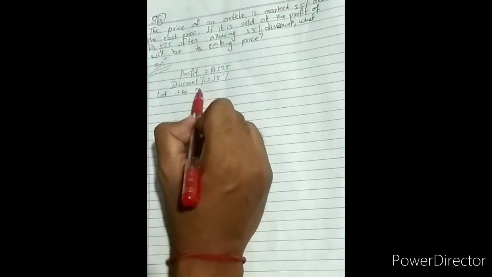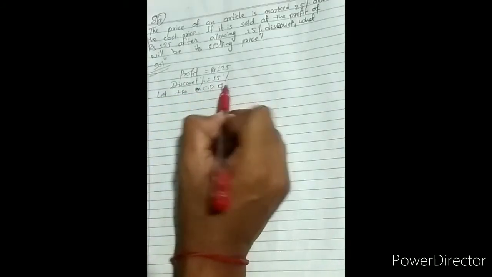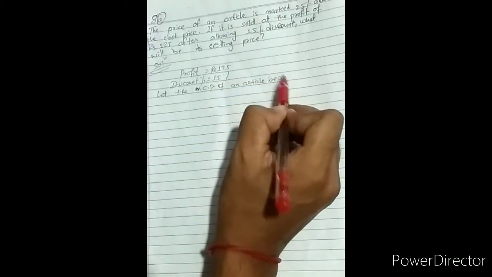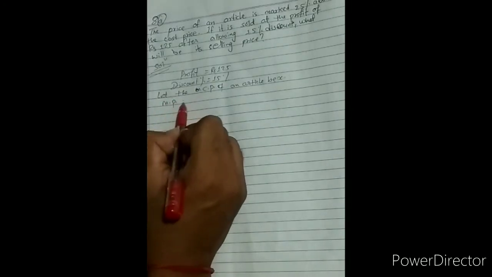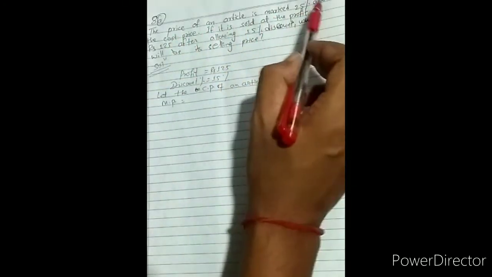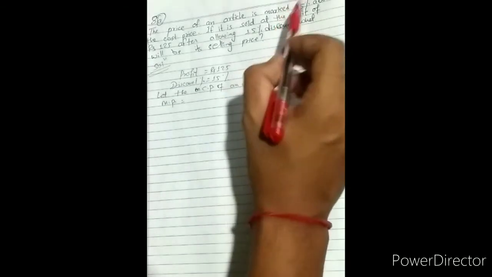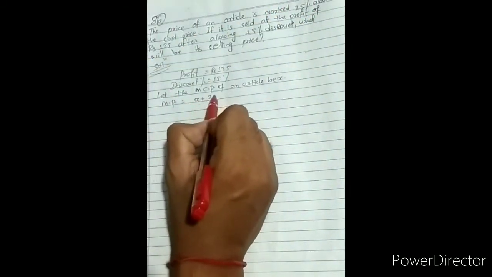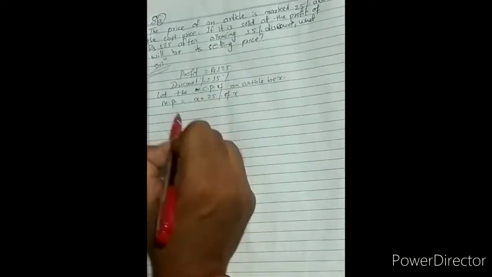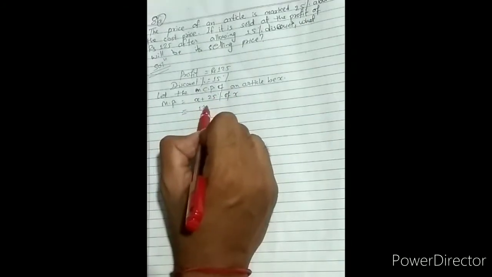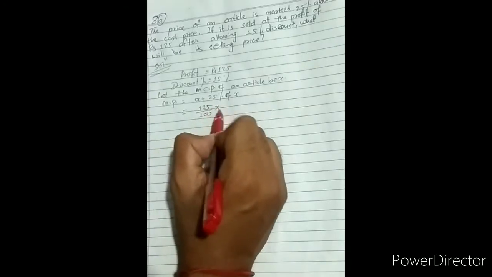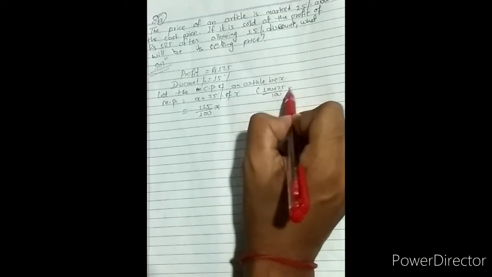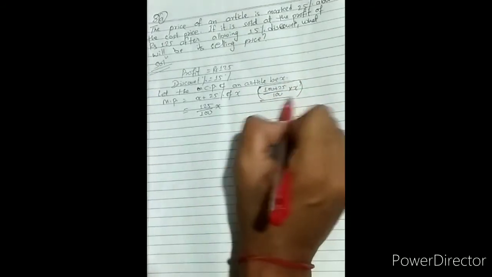Let the CP of an article be X, then what will be the MP? 25% above the cost price, so X plus 25% of X. Here we can directly write 125 by 100 x, because we can write 100 plus 25 by 100 into x.